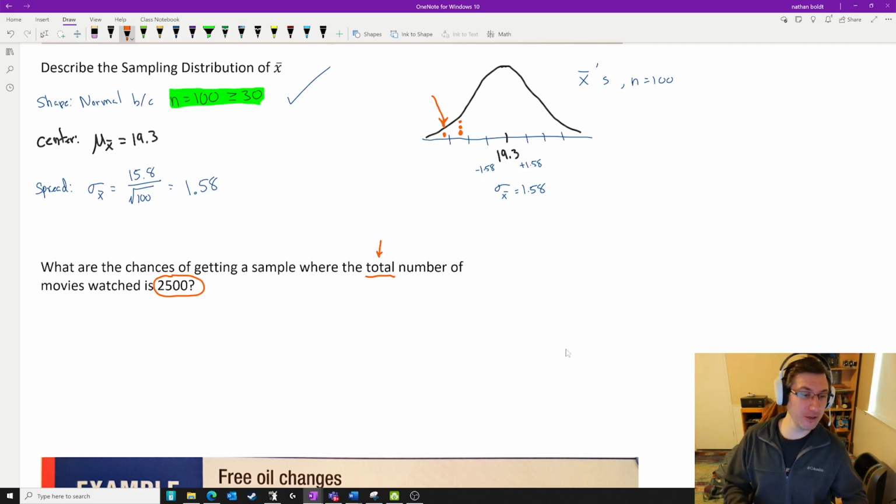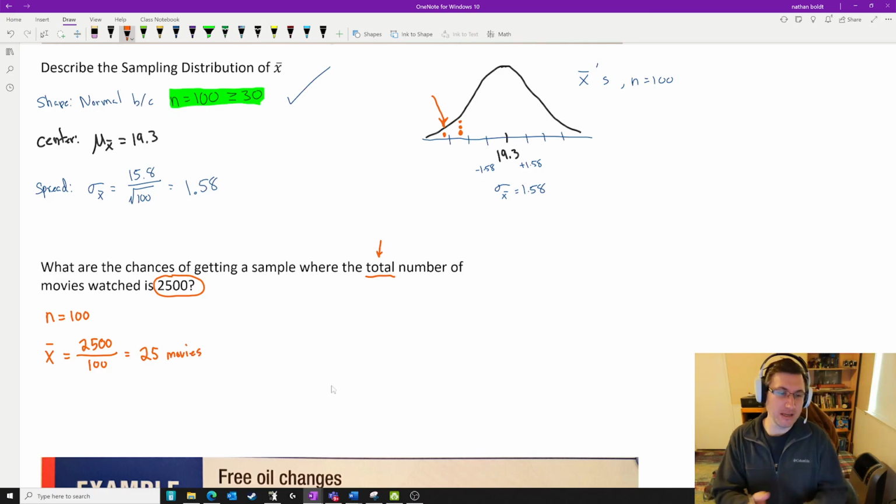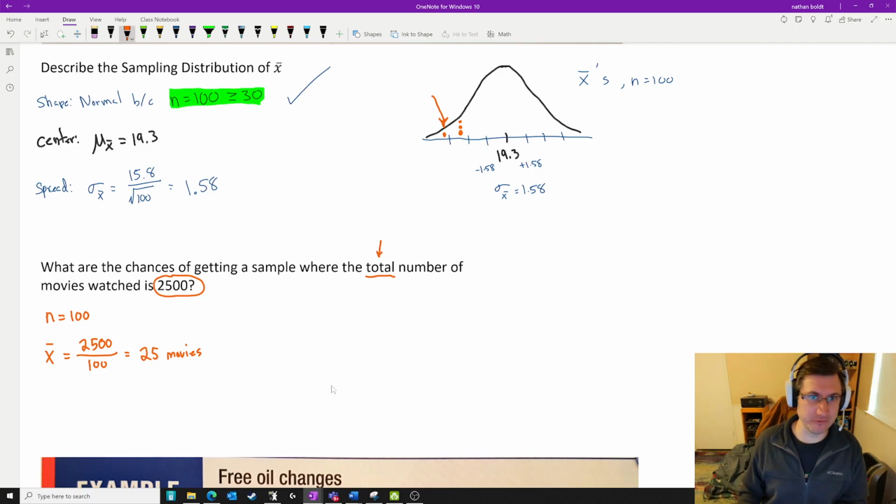So if the total number of movies in this sample of 100 is 2,500, well, then the average had to be 2,500 over 100, which would be 25. If the average kid watched 25 movies, and I have 100 kids, that means there was a total of 2,500 movies. Not different movies, but 2,500 views total. That's a popular way to phrase these questions.